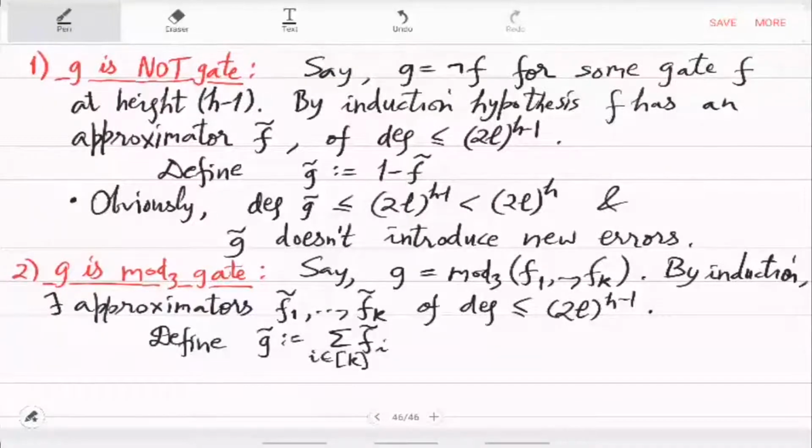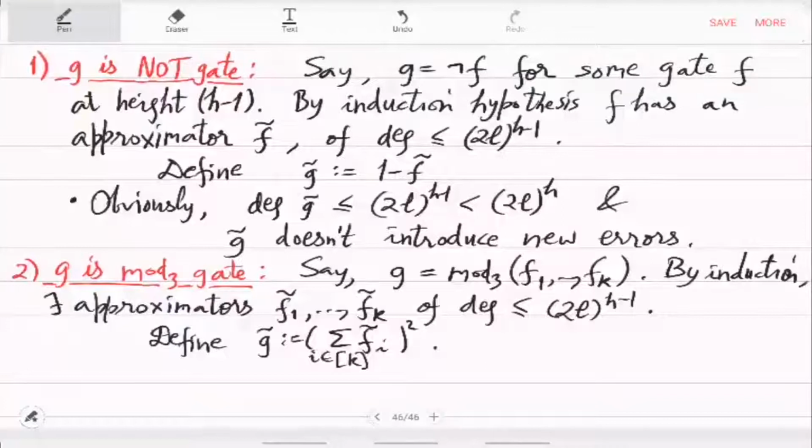The problem is that this sum can also have value 2, so it is not really a Boolean value. How do you solve that problem? You just square it. When you square it, all the values 0, 1, 2 are mapped to 0 or 1. So now G tilde is Boolean. It will give you only 0 or 1 values on 0 and 1 inputs. That is the correct definition of G tilde.